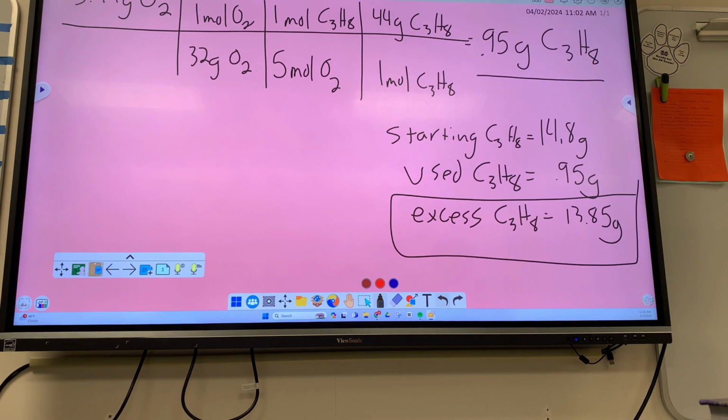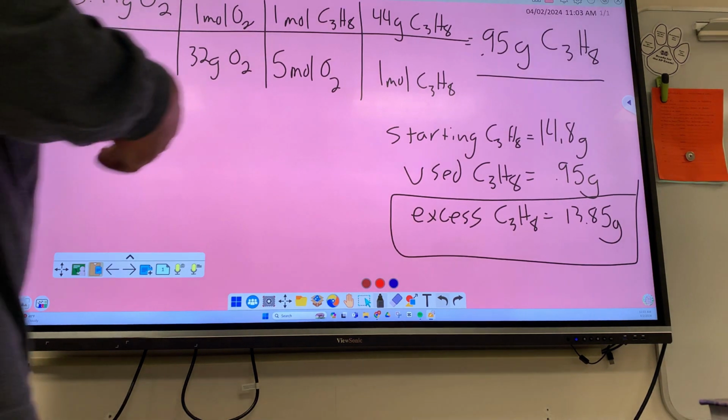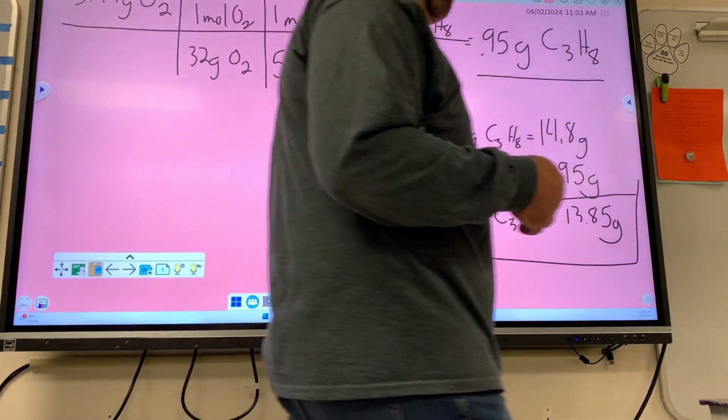And now we can make a prediction when we react two things together, or three things, or whatever it is. We can now predict how much of something we would make based on running out of one thing or having too much of another or whatever. And this is limiting reactants.